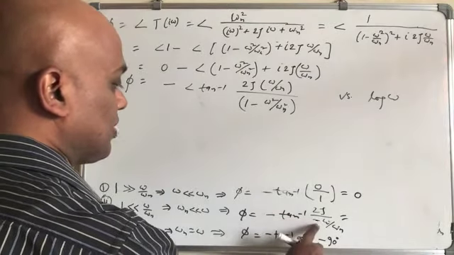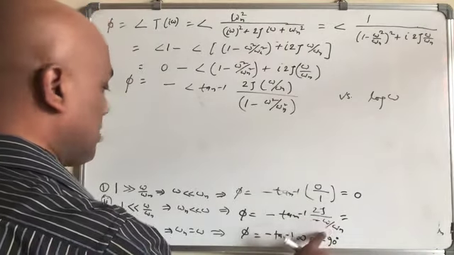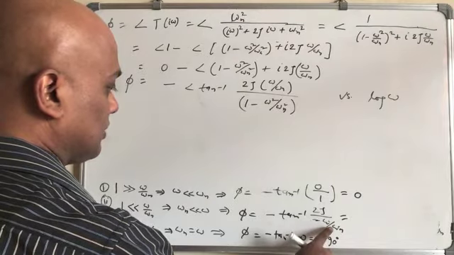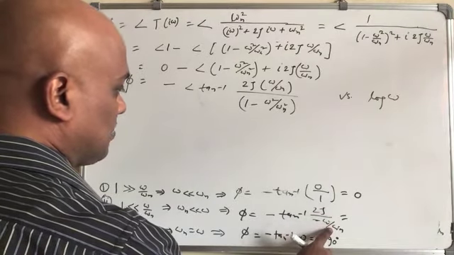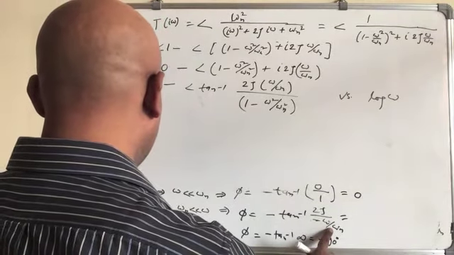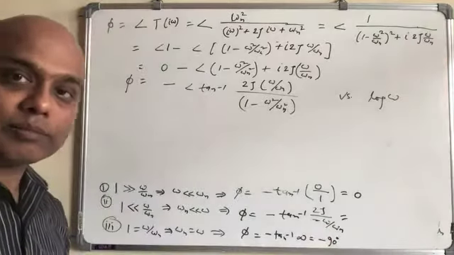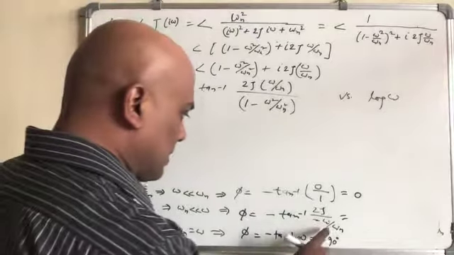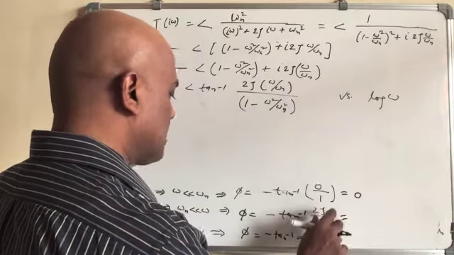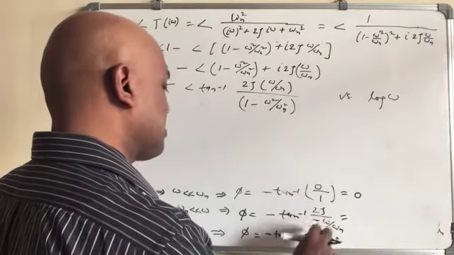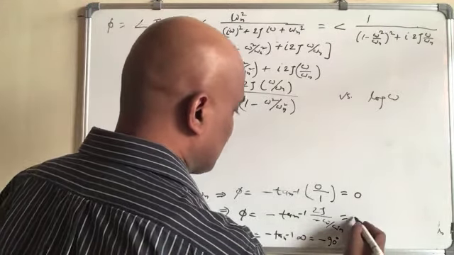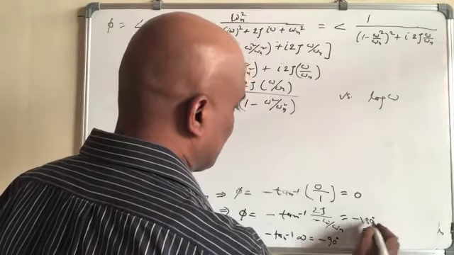So this gives you minus omega over omega n, where omega over omega n is very large compared to 1. So the whole thing becomes 0, so tan inverse 0 is actually 180 degree, you get minus 180 degree or plus 180 degree.